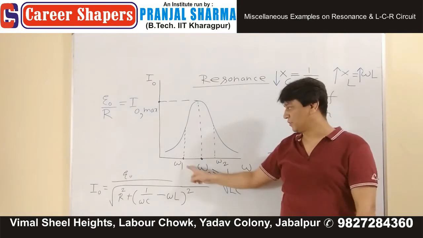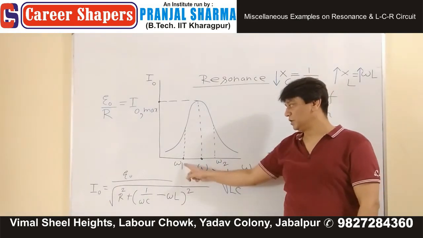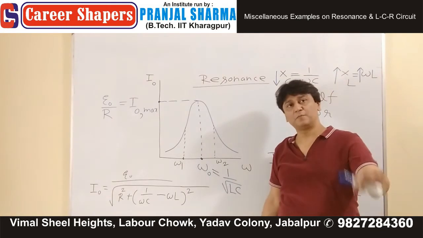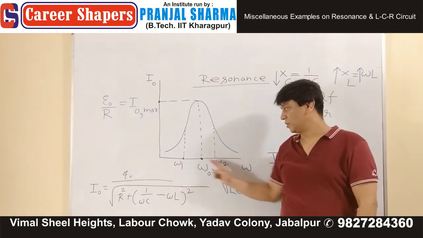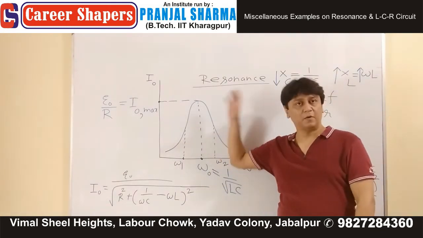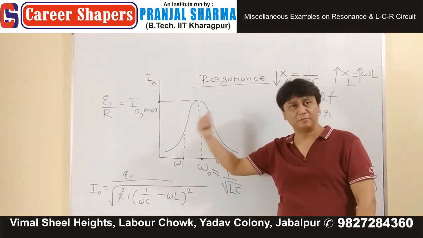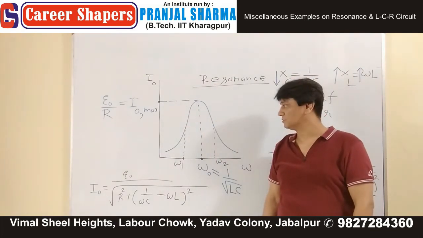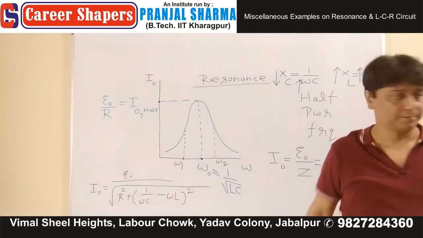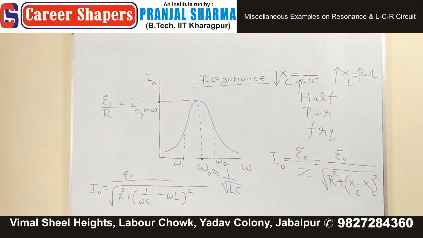I'm saying that for these omega 1 and omega 2, which will be called half power frequencies, power consumption will be half of maximum power consumption. Note down this graph. And if you understand everything till this point, then write down yes in the comment box.